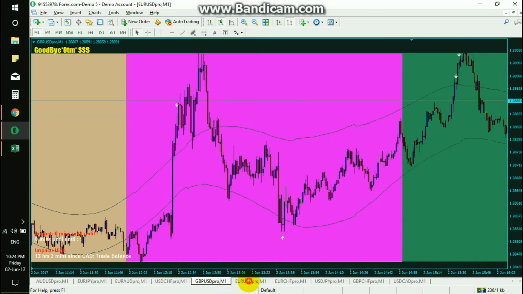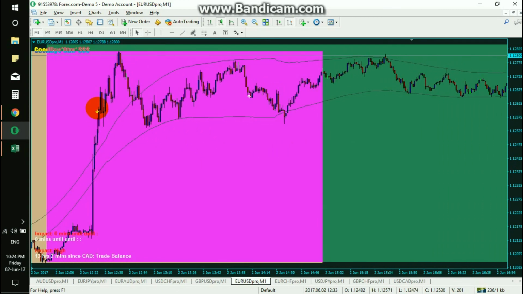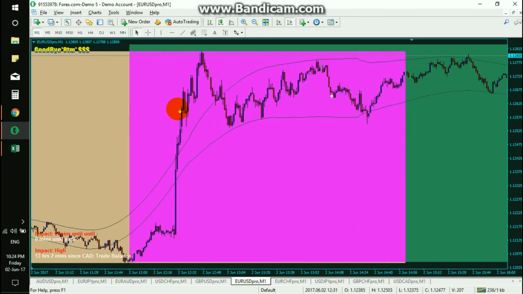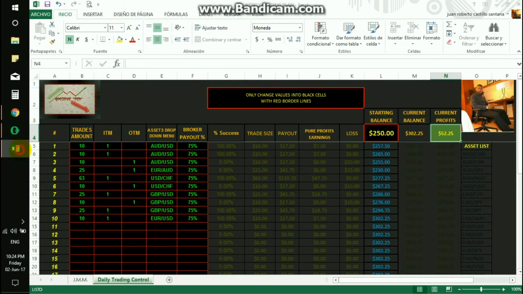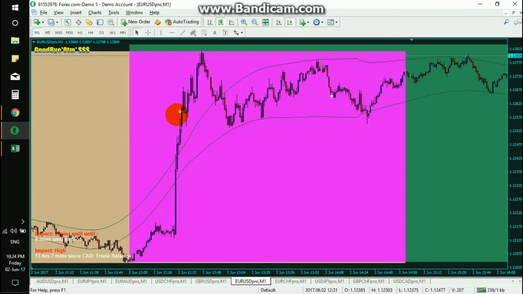So that was an OTM over there, but I wouldn't take this trade because minutes after NFP is not very safe to trade. So that's the reason why I would call this trade a non-valid signal. Now I notice this huge spike in several assets.